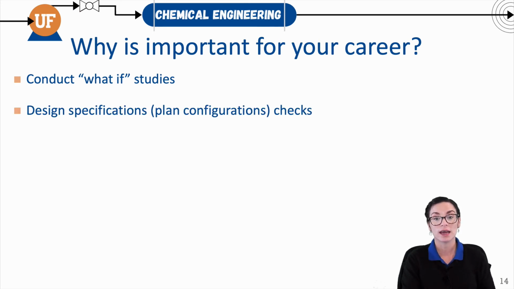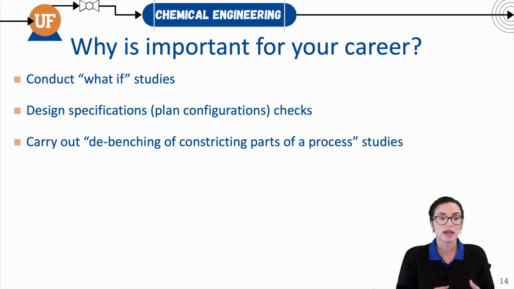Also, you can get information about specification checks, plant configurations, if you're going to be changing the topology of the system, if you're going to be upgrading or changing the type of heat exchanger, you can have those design checks along the simulator. You can carry out debottlenecking of constricting parts of a process, so you can move apart pieces of your simulator and your process in order to conduct different studies.